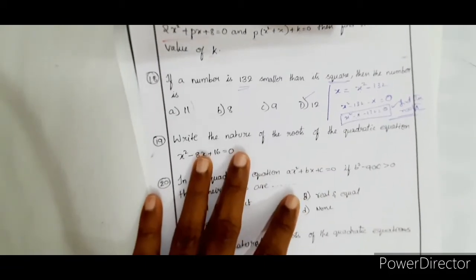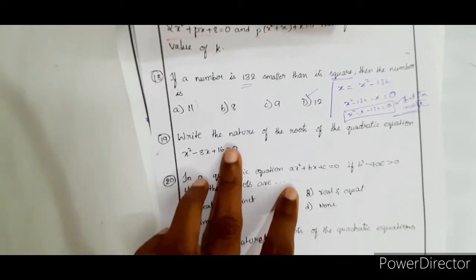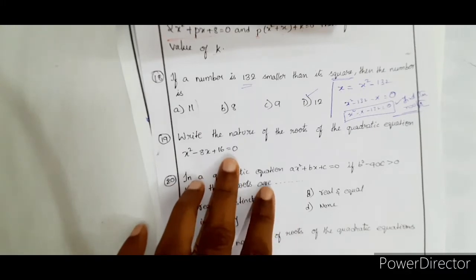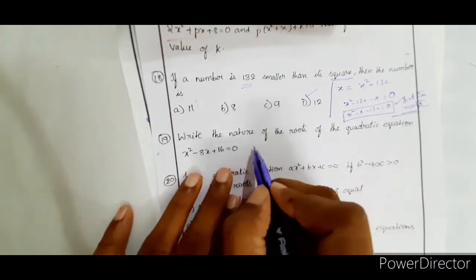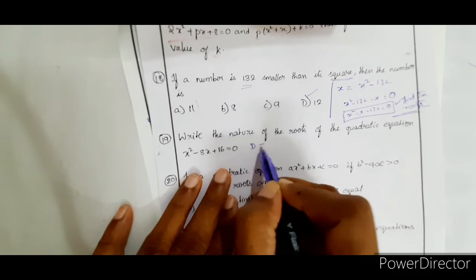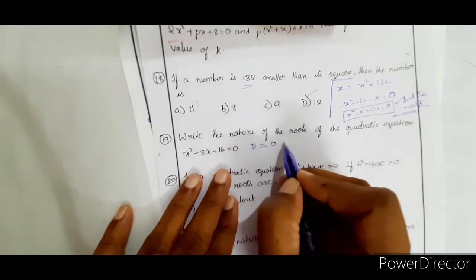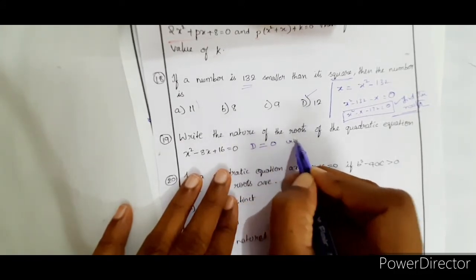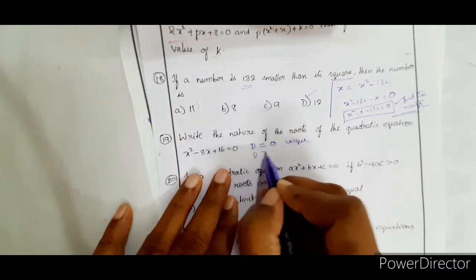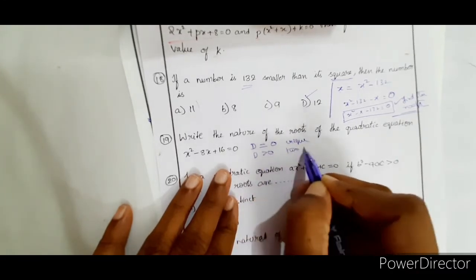Now, write the nature of the roots of the quadratic equation x square minus 8x plus 16. Again, nature of the roots. I am not going to explain this one. Nature of the roots means if D is equal to 0, unique root. If D is greater than 0, two real roots.